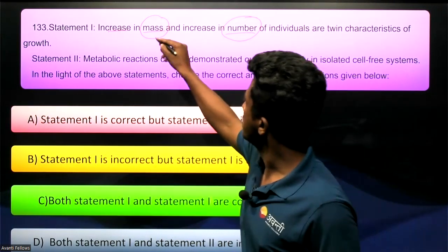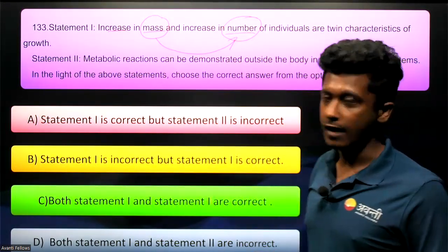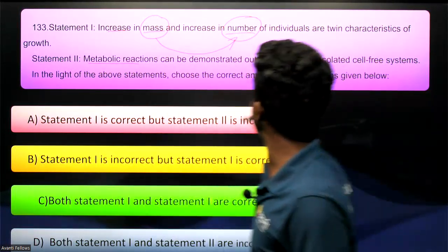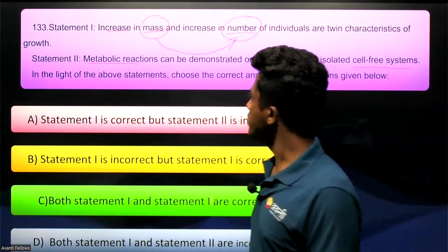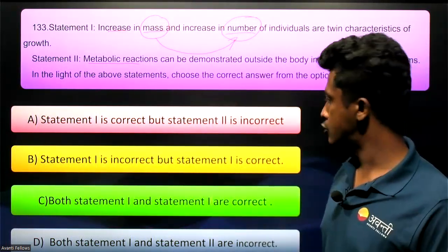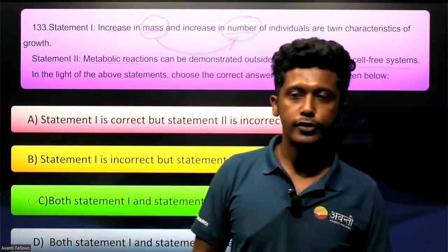So they become twin characters for growth. Now, statement 2. Metabolic reactions, yes, can be conducted in a cell-free medium, that is, outside the cells in a laboratory. So both the statements appear correct. So we go for statement 1 and statement 2 are correct. Our correct option is option C.